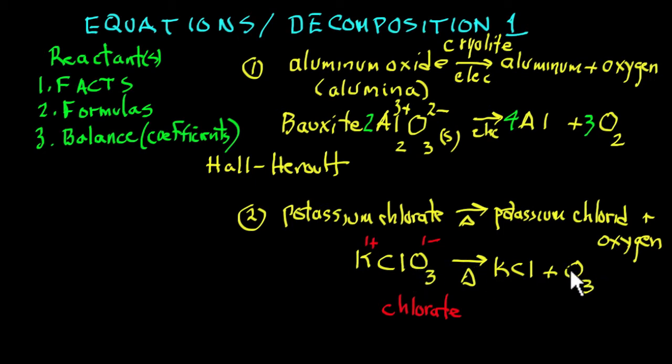Now notice very quickly that's balanced. But the problem is this substance, O3, is called ozone, not the fact oxygen. So we have to erase O3 here. We'll get this right. And put it O2. There we are. O2. Oxygen.